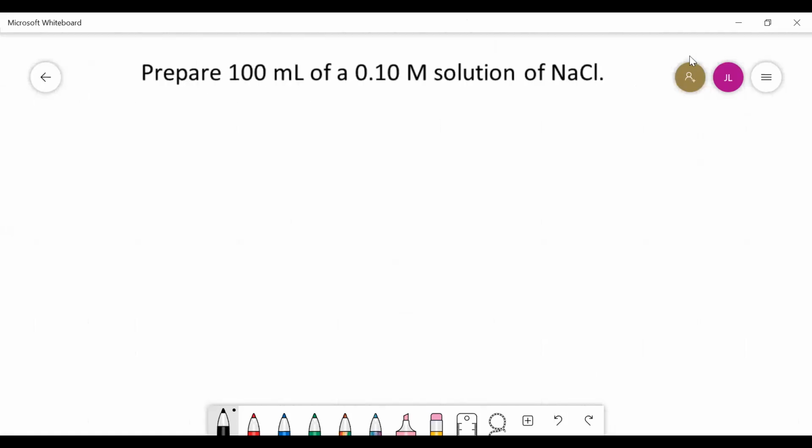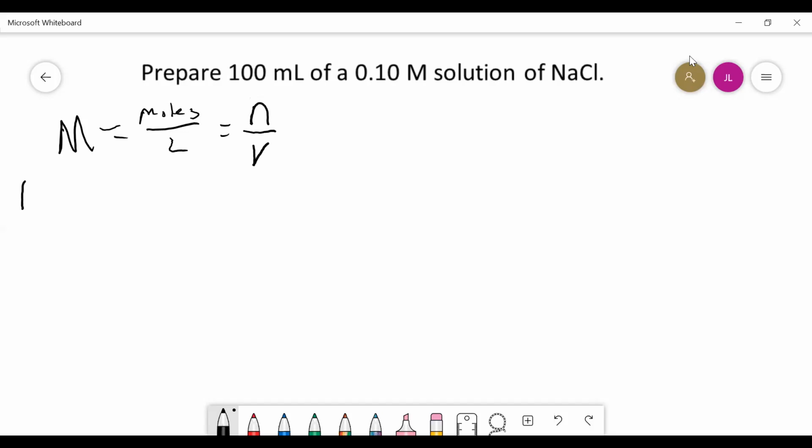I want to prepare a 100 mL solution of 0.10 molar NaCl. So remember, molarity is moles per liter, which again is n over volume.